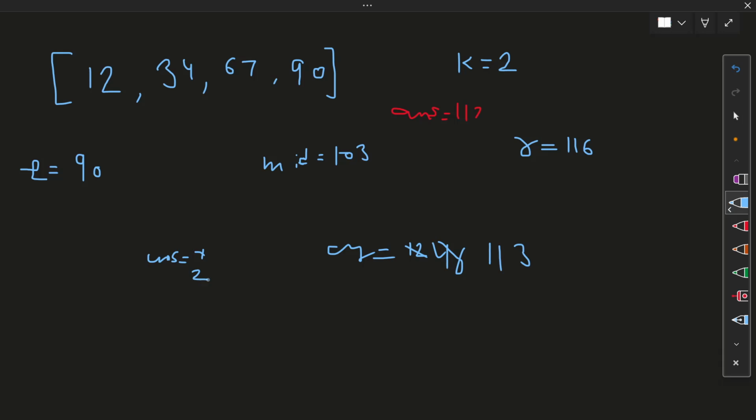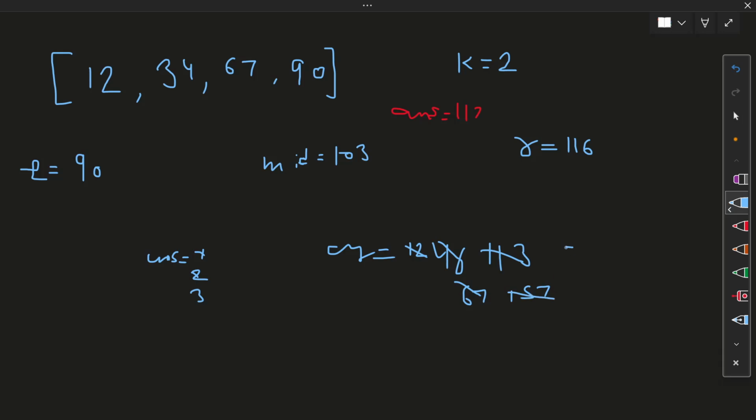So we require one more person, and he reads this book. This book contains 67 pages, so he reads 67 pages. Then 67 plus 90, we got 157. But he cannot read this book. He can read at max 103 pages, but he is reading 157 pages. So we require one more person.